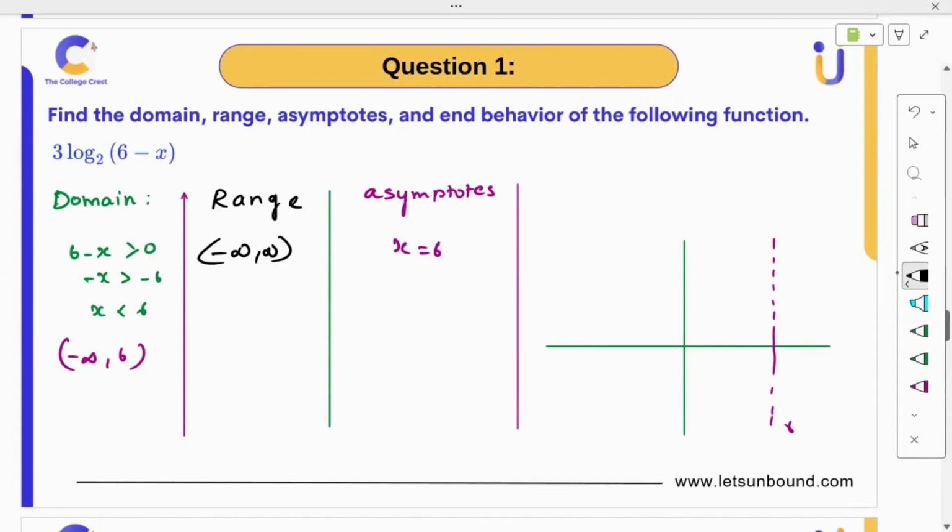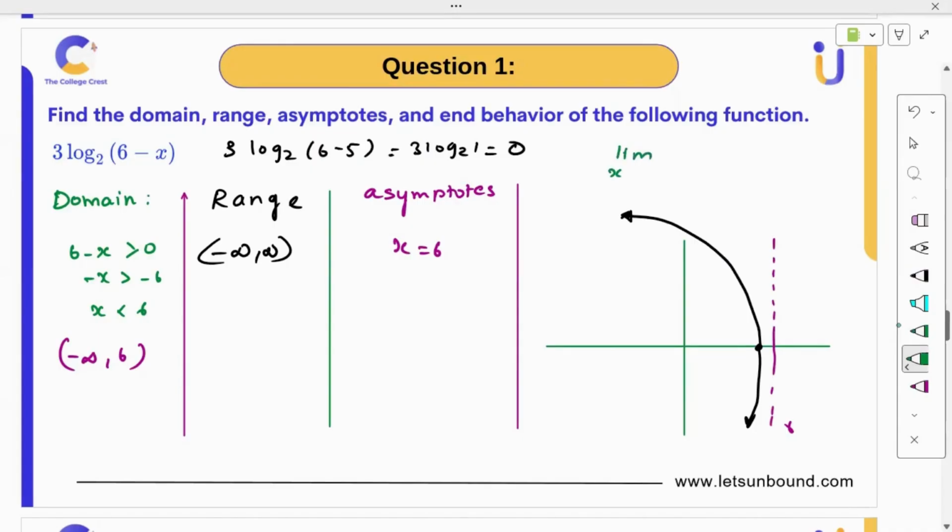Or when you give 5, 6 minus 5 equals 1, and 3 log base 2 of 1 is 0, since log of 1 is always 0. So when x is 5, y is 0. This is the x-intercept.